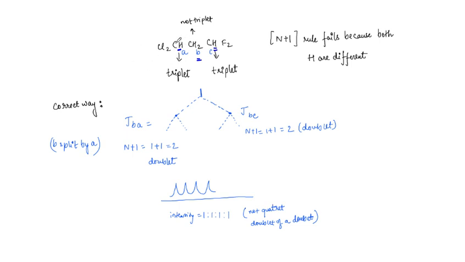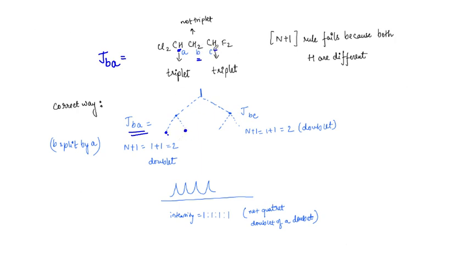First of all, let us consider that proton A is going to split proton B. The coupling of the B proton caused by A is going to be n plus 1. So here we are having only 1, so this is going to be a doublet. So J_BA is for a doublet. This proton is splitting the B protons into a doublet.